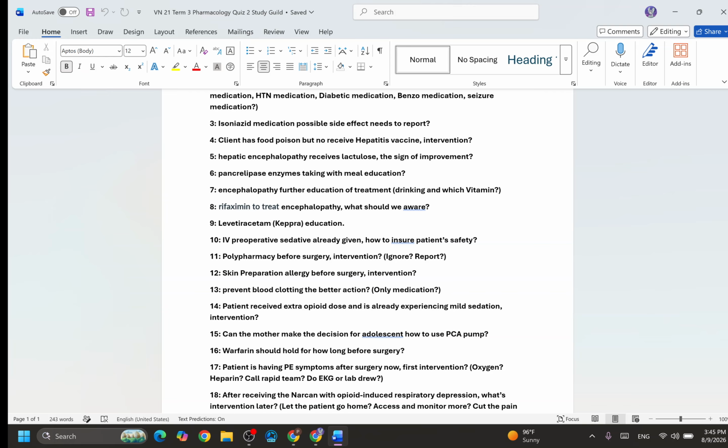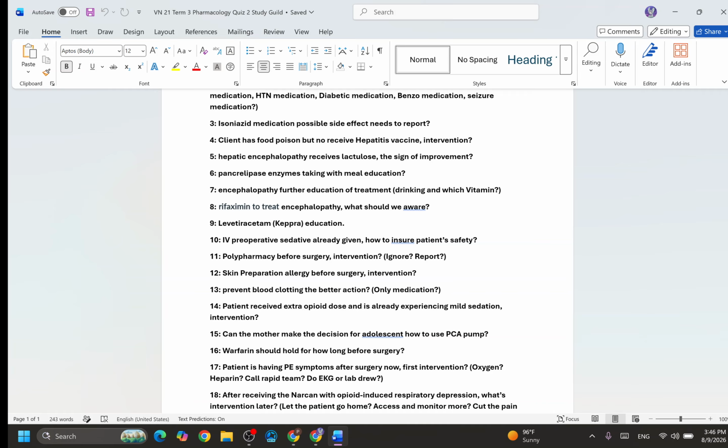We probably need to investigate by asking the patient when was the last time you took all this medication, because some medications interact with your anesthesia medication, and especially anticoagulants will cause a bleeding episode. So just go and check. The answer is that safety is the polypharmacy nursing intervention. That will be the answer: keeping the patient safe when the patient has polypharmacy.